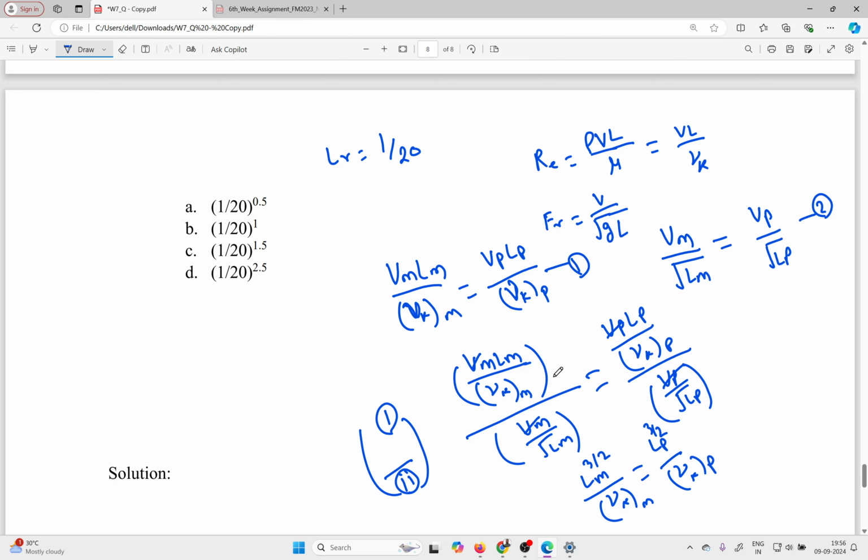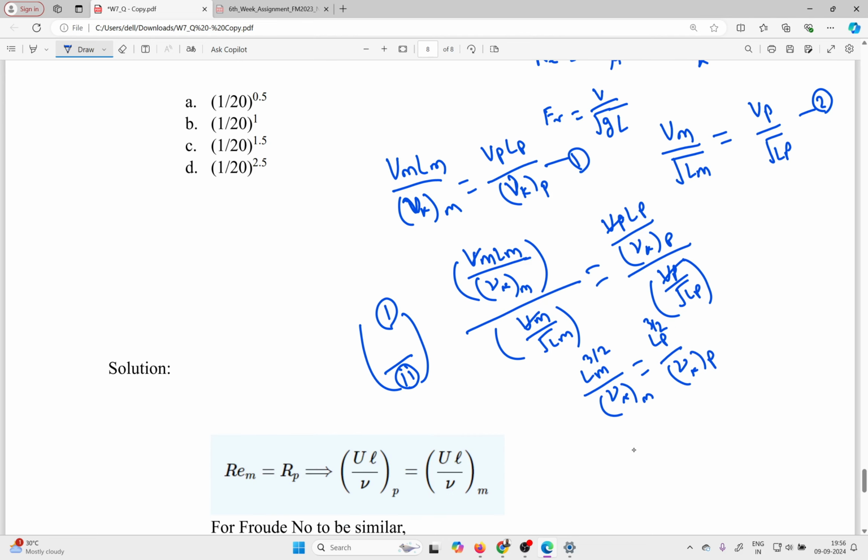Now you can compare these two things: nu Km divided by nu Kp is equal to Lm divided by Lp to the power 3 by 2, or you can write 1.5 also.